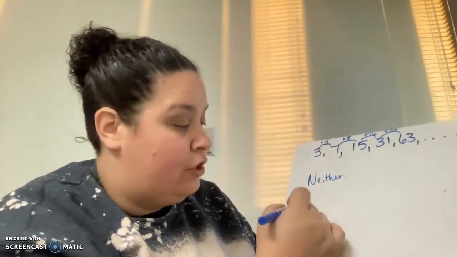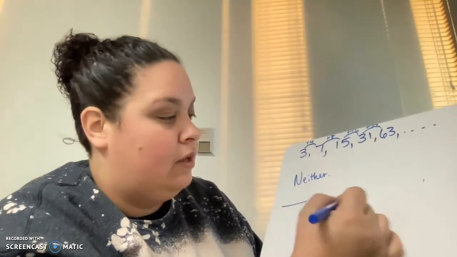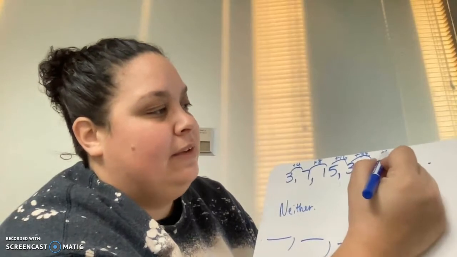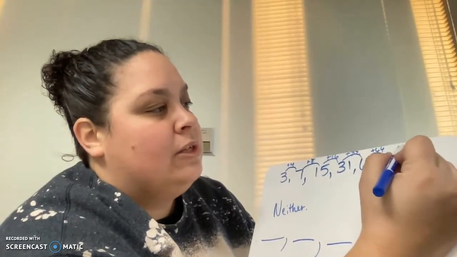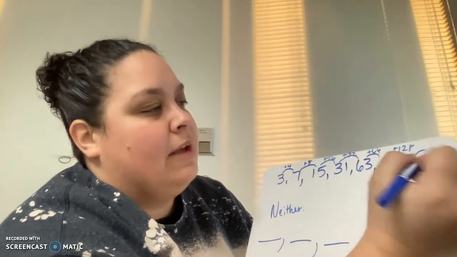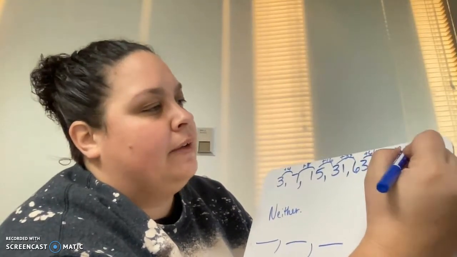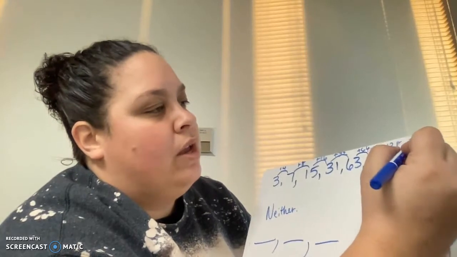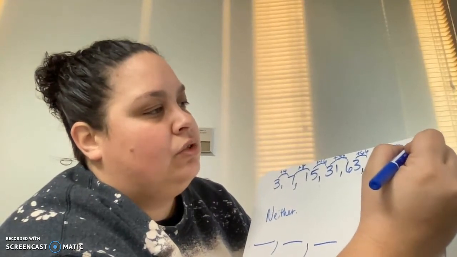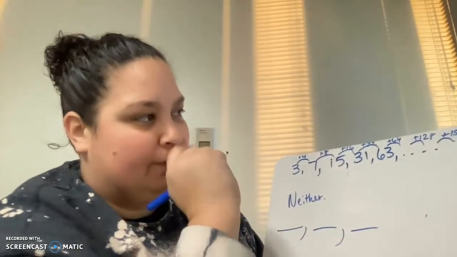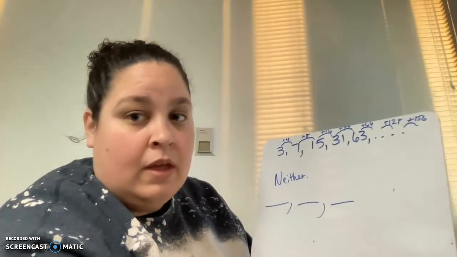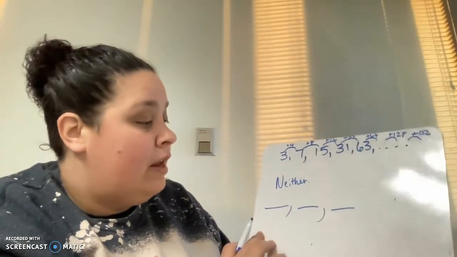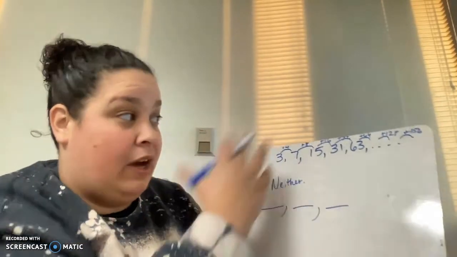I could potentially find my next 3 because I know I'm going to add by 64 next, and then I'm going to add by 128 next, and then I'm going to add by, let's see, 256 last. So I could find my next 3 terms that way. And then I can tell you my pattern.